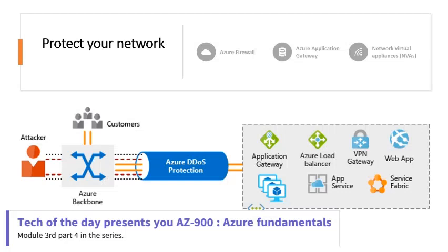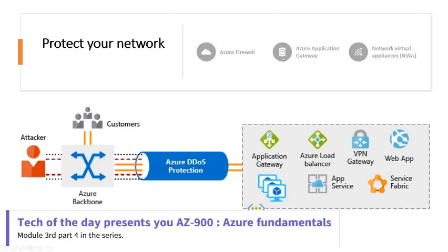Then you have Azure Application Gateway, which is a kind of load balancer that includes a web application firewall (WAF) that provides protection from common known vulnerabilities in websites. It is designed to protect HTTP traffic. So you will have a question in your exam related to Azure Application Gateway or Azure Firewall, one of them for sure.